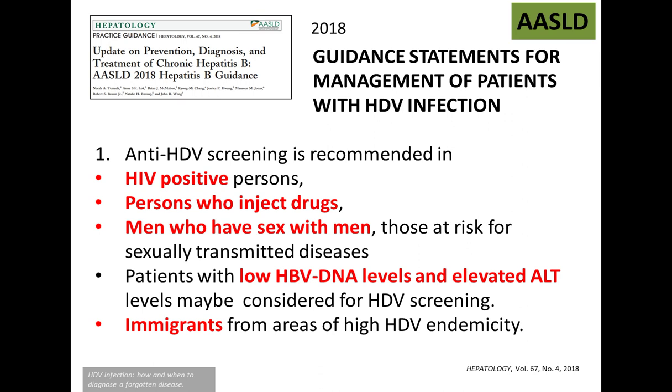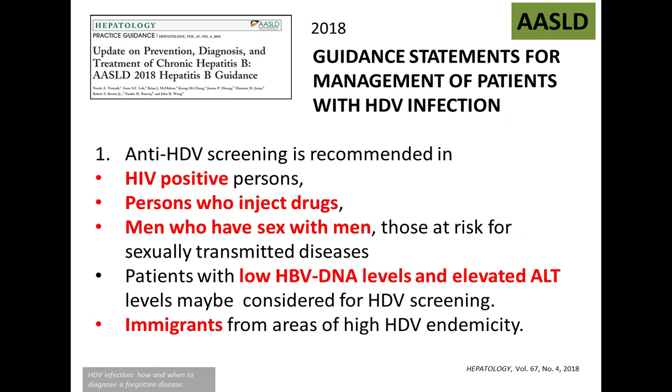However, the most recent guidelines of the American Association for the Study of Liver Diseases, which were released in 2018, this year, this document entitled Update on Prevention, Diagnosis and Treatment of Chronic Hepatitis B, are the only guidelines including a specific recommendation about hepatitis Delta virus screening. There is the following recommendation.